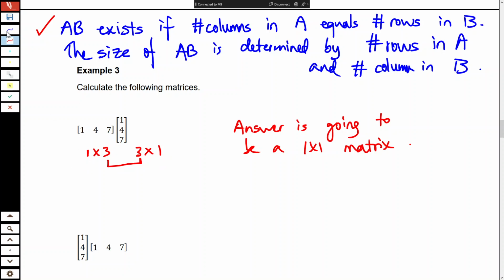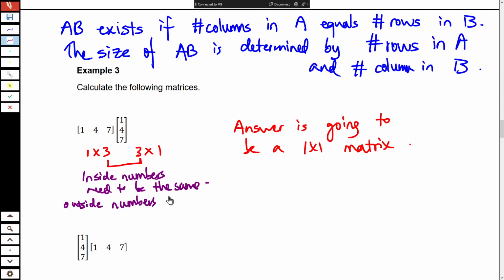So these numbers on the outside determine the matrix. Maybe I'll write that for you when you look at this later. Inside numbers need to be the same. Outside numbers tell you the order after multiplication.